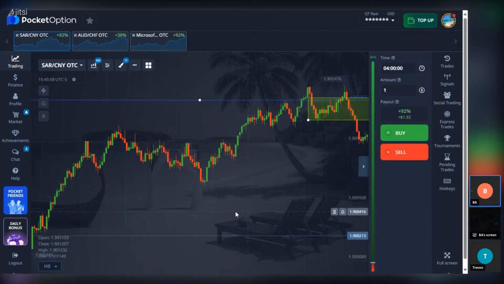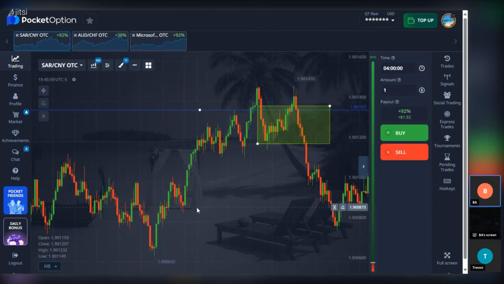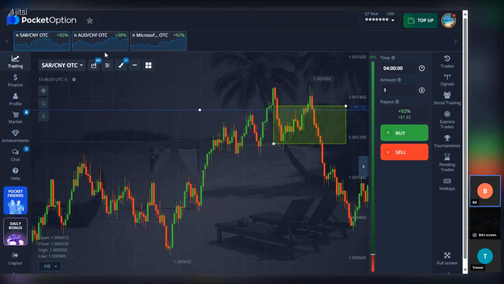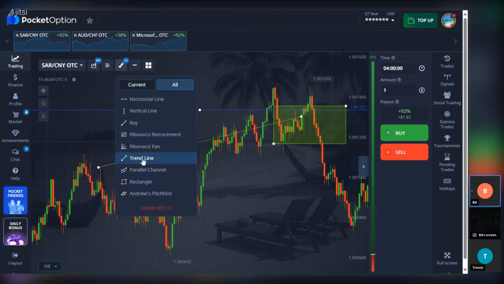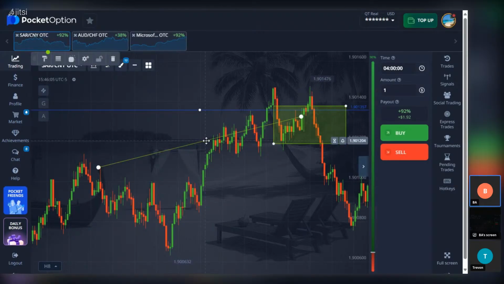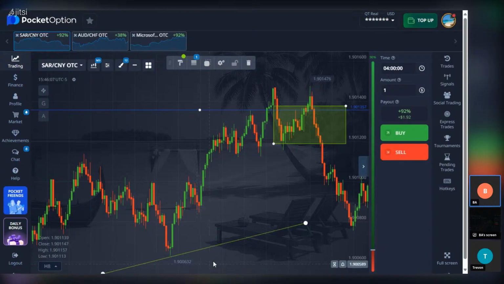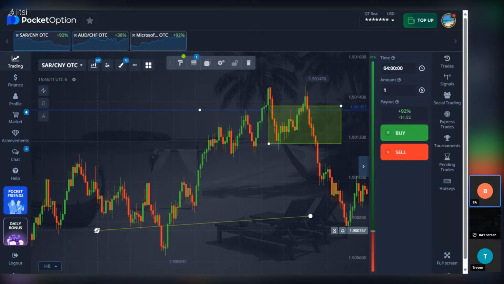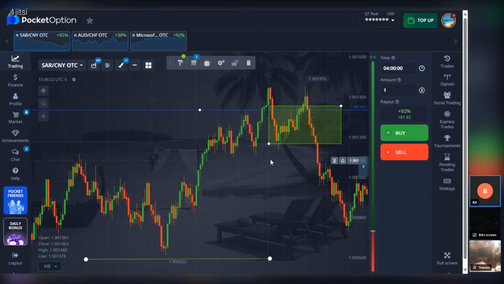Price is overbought or overextended. Where the money at? The money is down here, right below this wick, or these lows right here.